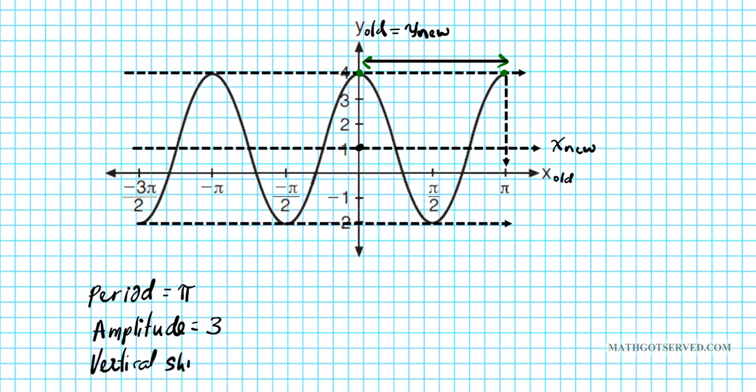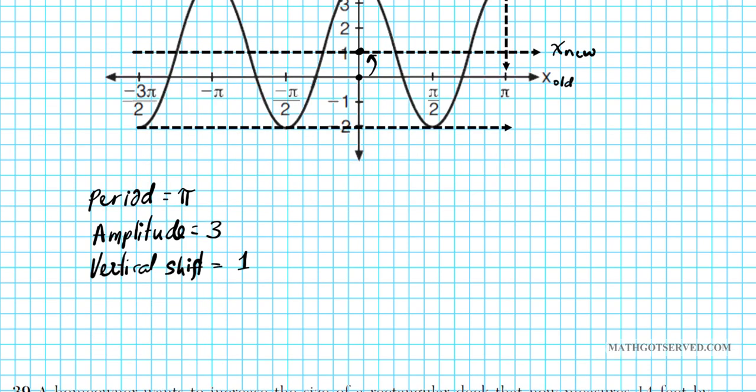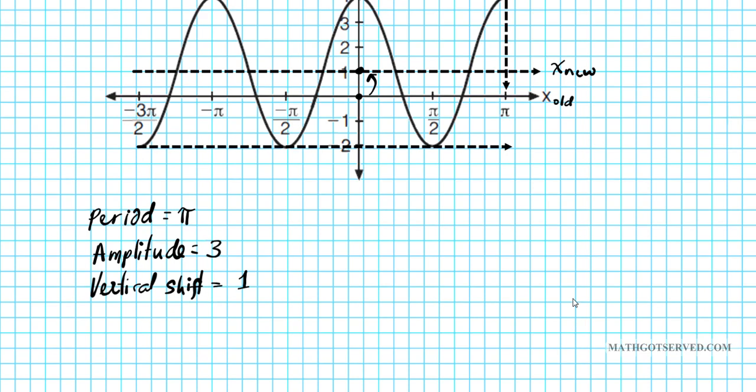Now, last thing we need is the vertical shift. Vertical shift in this problem is how high or low the new origin is from the original origin 0, 0. It's 1 unit up, so our vertical shift is positive 1. Another thing I like to put into this problem is the horizontal shift, also known as the phase shift.